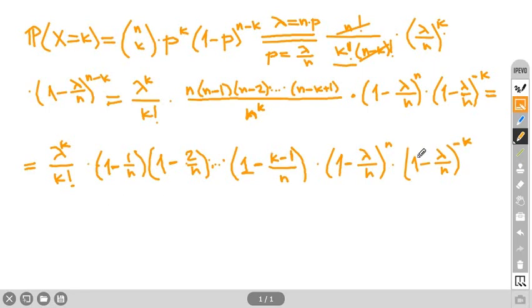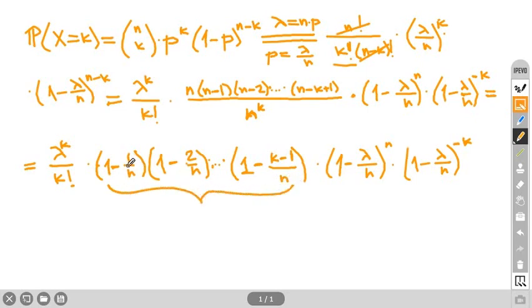Okay, now let's calculate the limit when n is tending to infinity. Because this is independent of n, this will remain the same. This is a constant now.